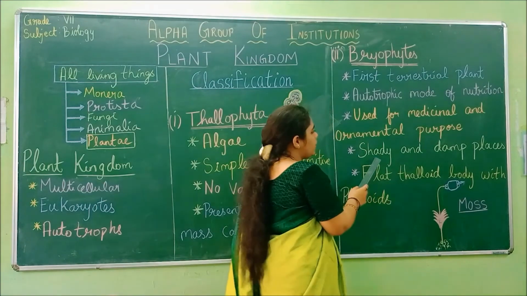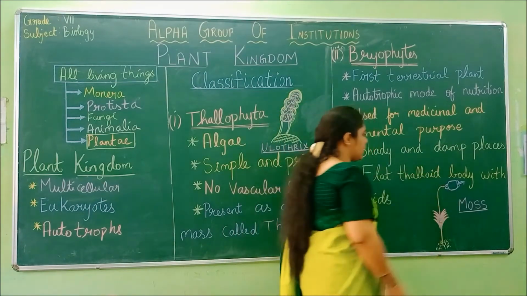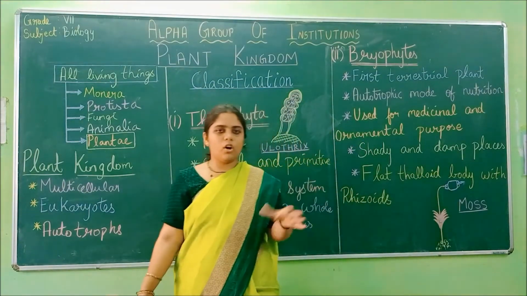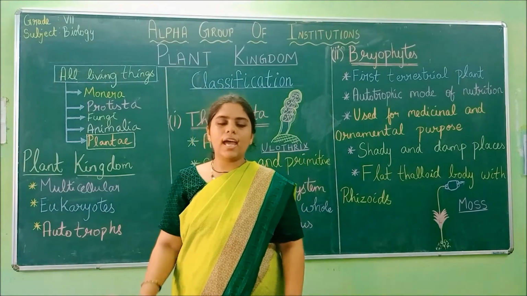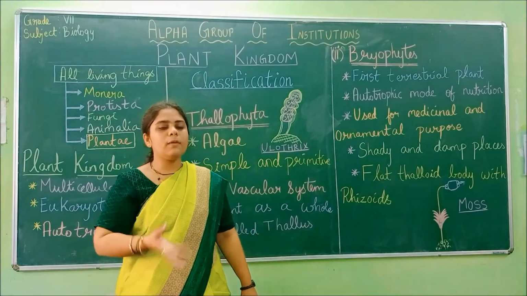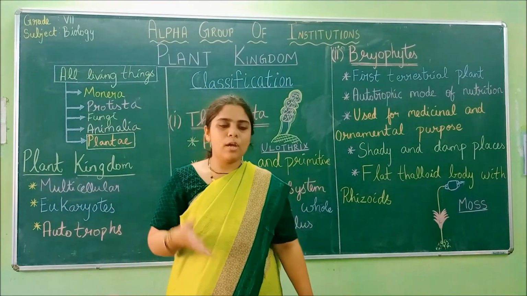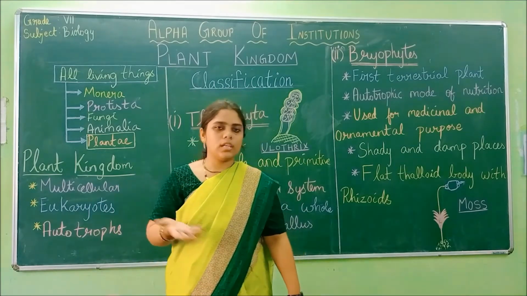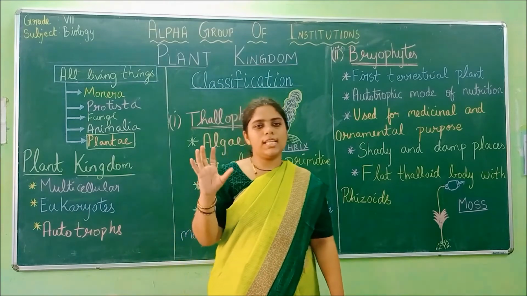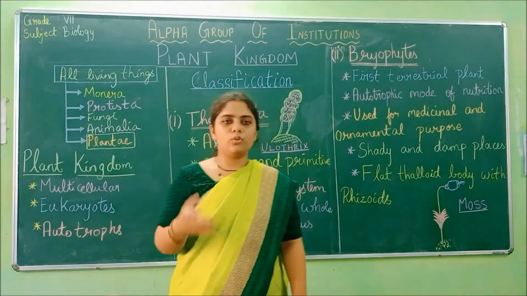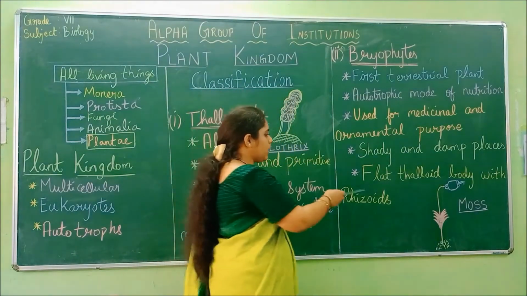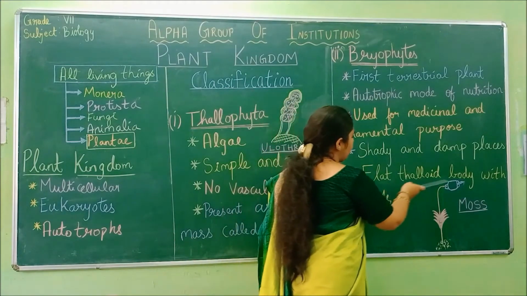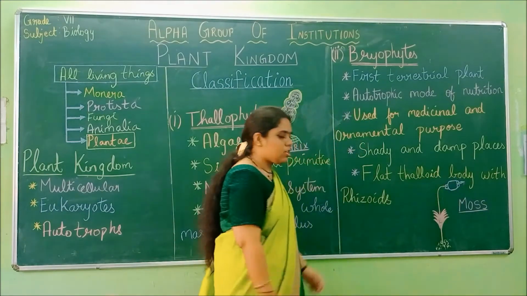Next, they grow in shady and damp places. They will grow under a tree or where there is shade, and the place should be very moist. It should be very damp. The water content should be a little high. It should be very wet. Only in those places will bryophytes be able to grow. And finally, the structure: a flat thalloid body with rhizoids.